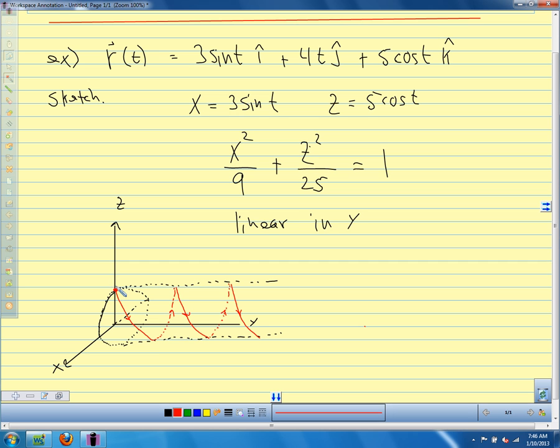And then as t increases to pi over 2, the z component is going to be 0, the x component would be 3, and the y component would be some 2 pi or whatever. So then it's going to go down that way. So kind of like we did with parametric equations, just look at what happens as the parameter increases to tell which direction it's going to go.